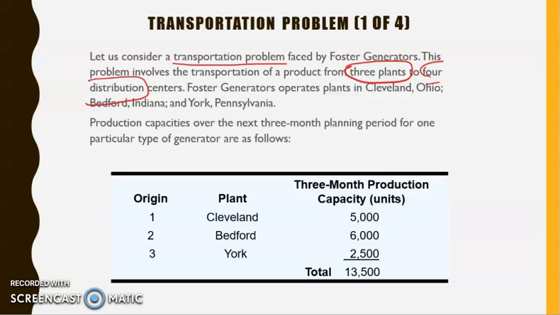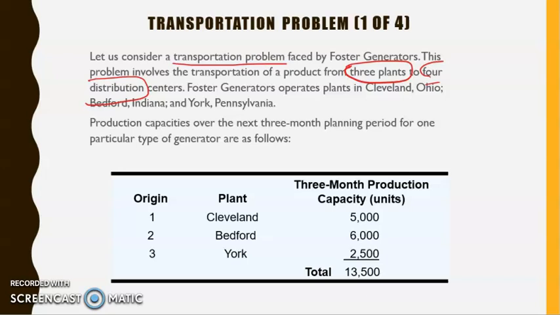Production capacities over the next 3-month planning period for one particular type of generators are as follows. So it tells you some information about the origins, these 3 cities that I just mentioned, and also it gives you the capacity, because I still don't want to spoil the problem for you and tell you what the decision variables are. So just try to get an understanding of the problem.